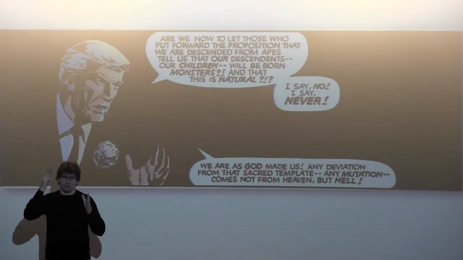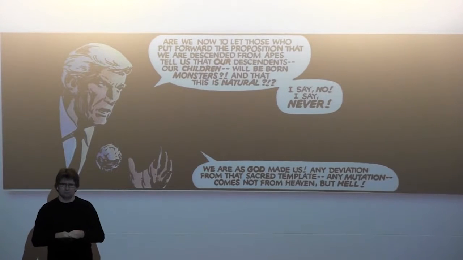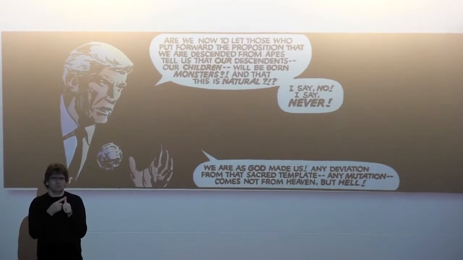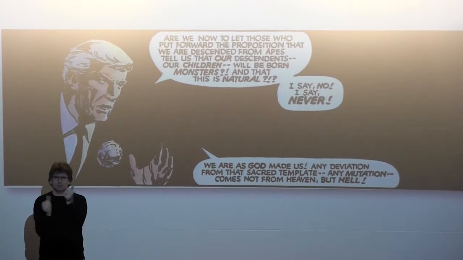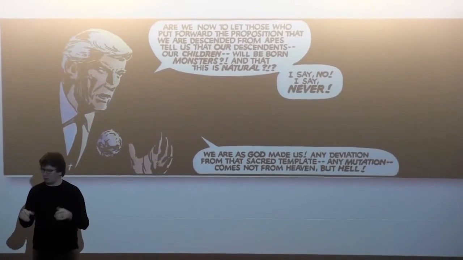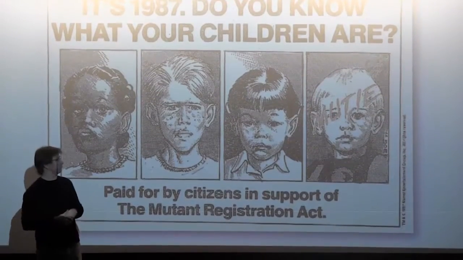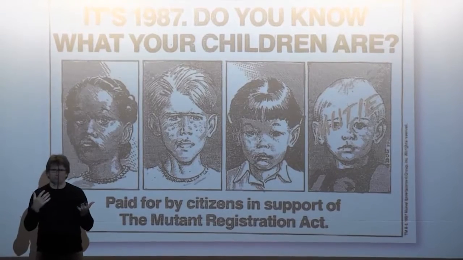Some of you might be familiar with William Stryker. He's a politician in the X-Men series. He was the first one to say officially that the mutant population is subhuman. He defined those terms.